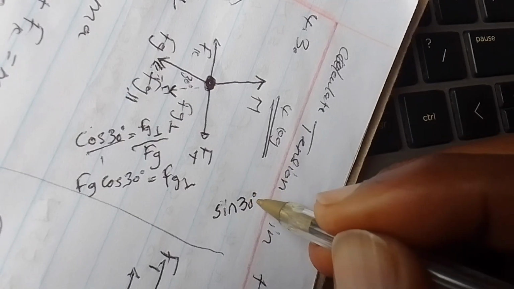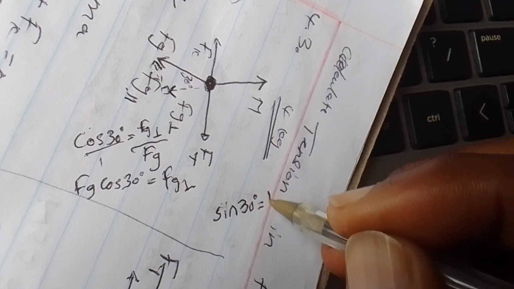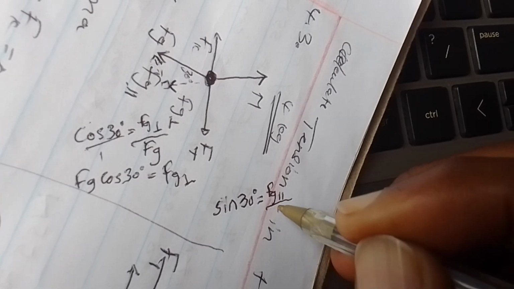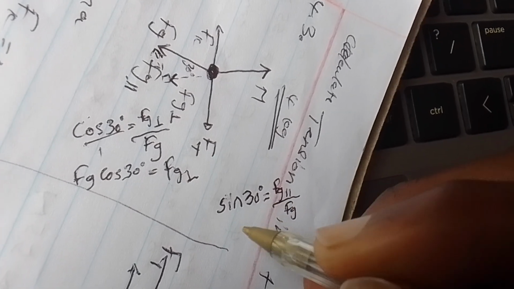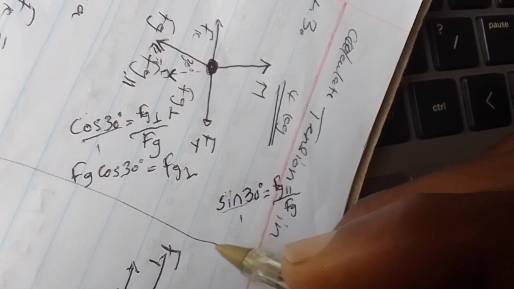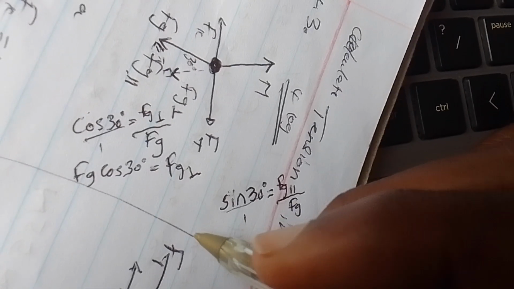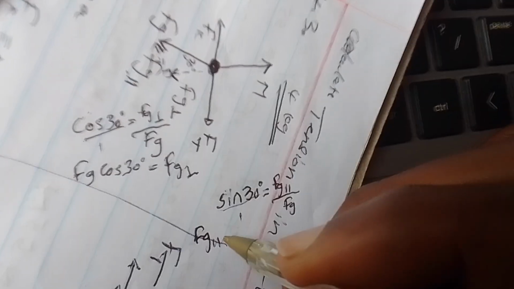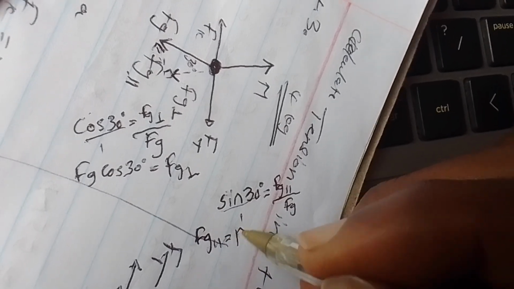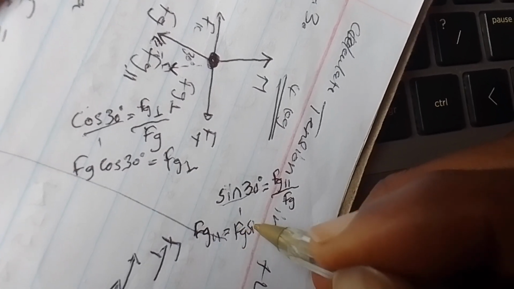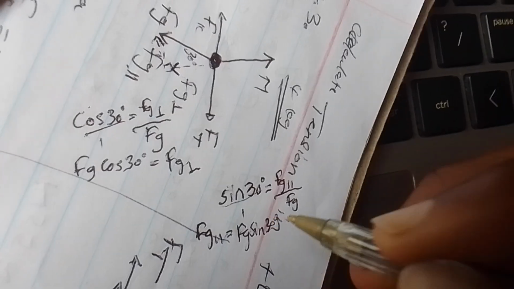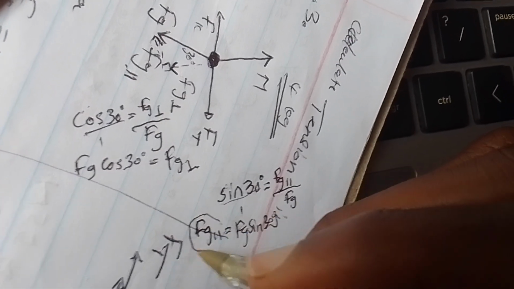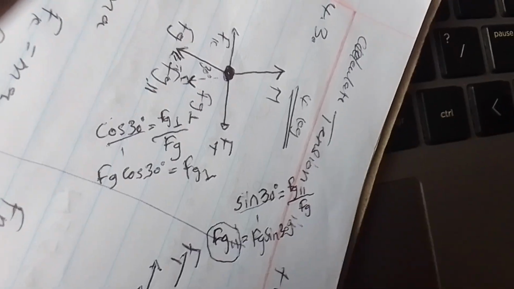Sine 30 is equal to FG parallel over FG, which is our hypotenuse. Then you do the cross multiplication, and you are left with FG parallel equal to FG sine 30. You feel me? So you already have the formula for FG parallel.